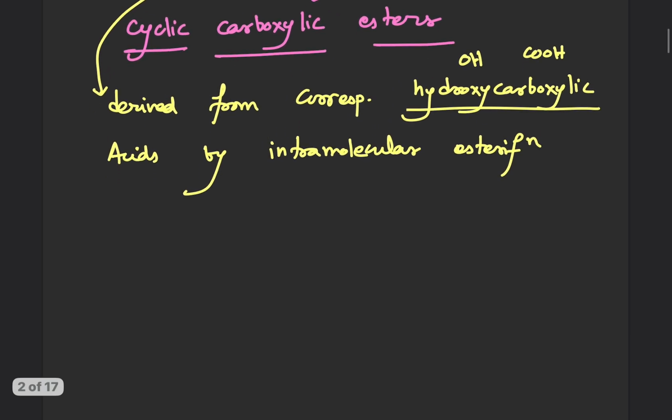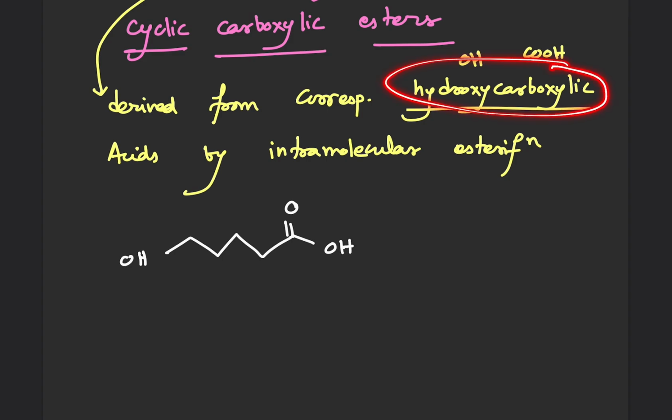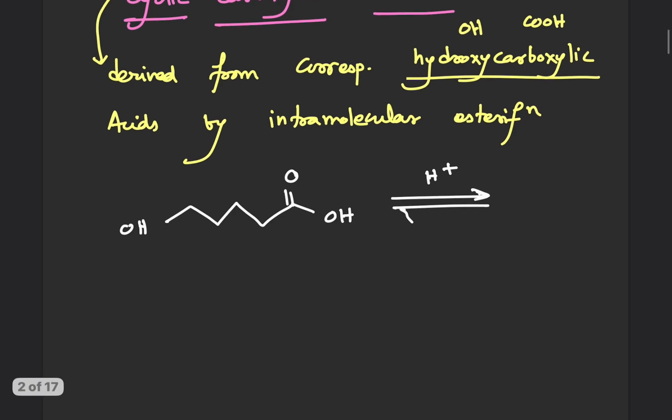For example, if you have this OH, this is an example of a hydroxy carboxylic acid. Whenever we do esterification on this, that is H plus and heat, and this is a reversible reaction, after intramolecular esterification we get the respective lactone. Let us see the number of carbon atoms here: 1 2 3 4 5.